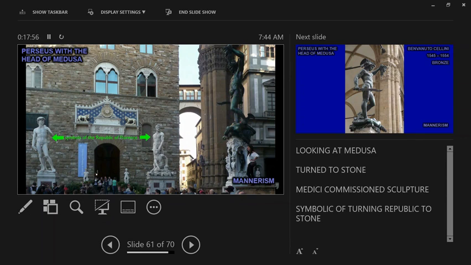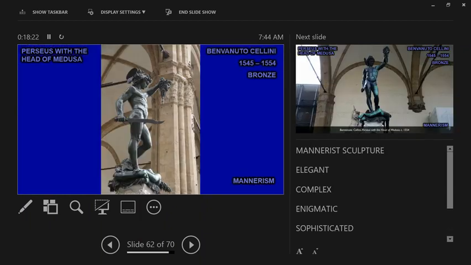And both of them are looking towards, here's Perseus, by the way, and here's the body of Medusa that he's standing on, and he's holding up her head. And the head is looking towards them as if the head had turned them to stone. So this is symbolic of turning the republic to stone. This is a Medici commissioned sculpture.